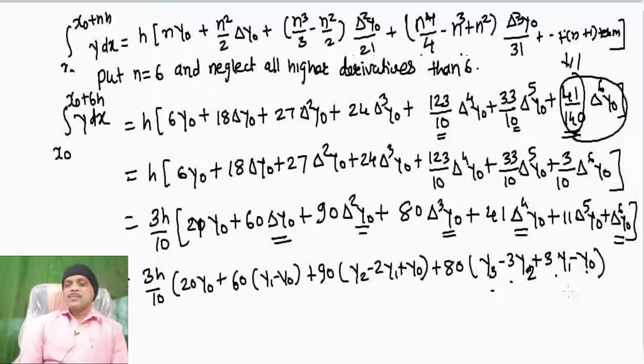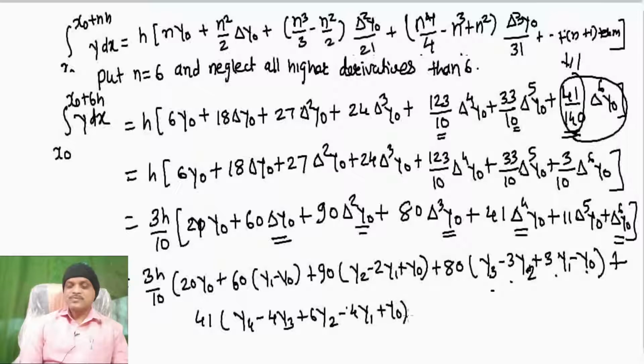So if we apply Pascal's rule, we will easily get the coefficients, and the signs should be alternate. Then 41 into delta raised to 4. In Pascal's rule, the delta raised to 4 coefficients are: the first term is y4 minus 4 into y3 plus 6 into y2 minus 4 into y1 plus y0.